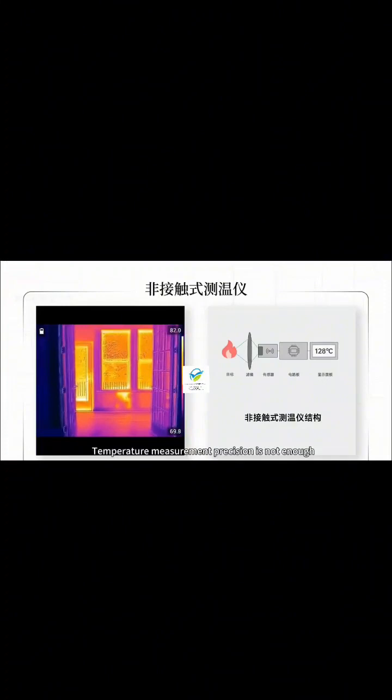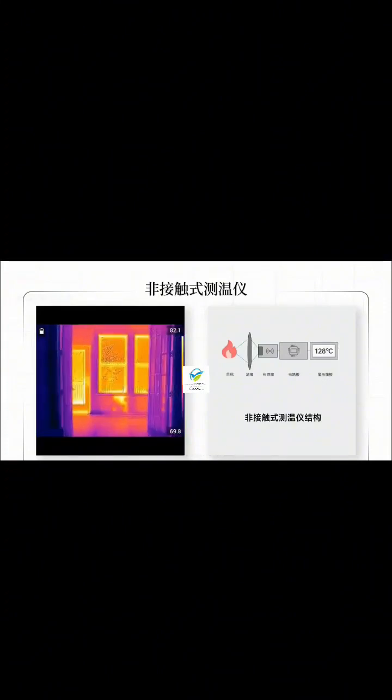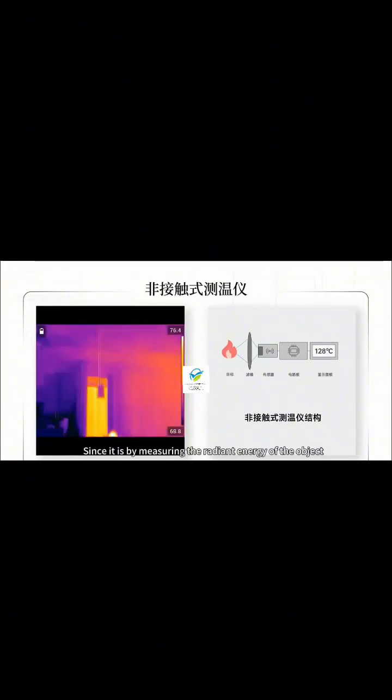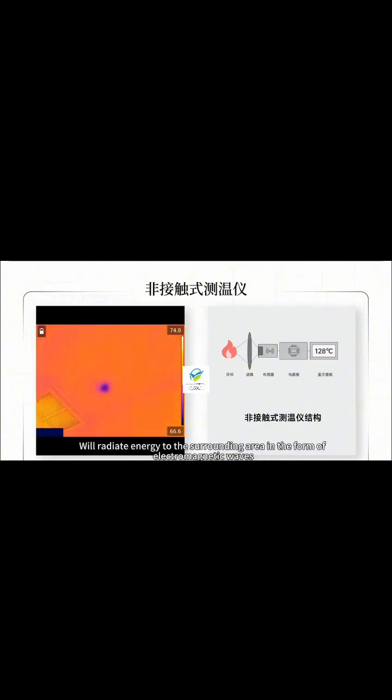Thermocouple thermometer is one of the most widely used temperature measuring instruments at this stage. It has a wide temperature measurement range, high upper limit, fast response, high accuracy, and the signal is easy to transmit remotely.